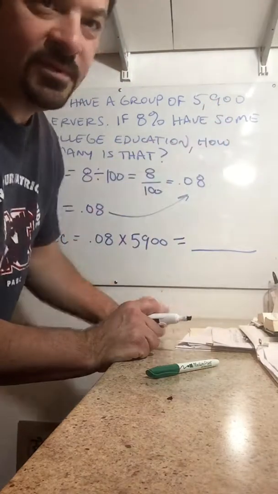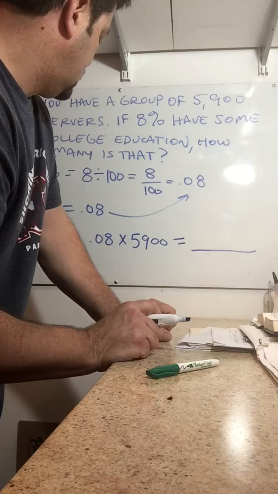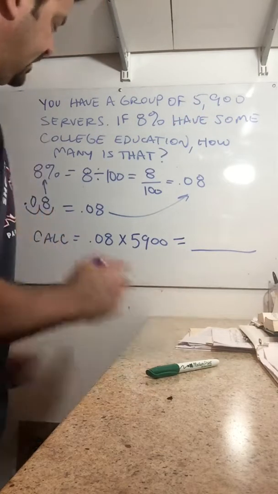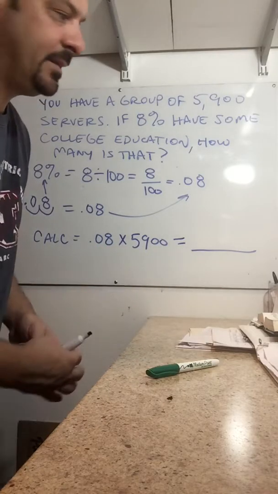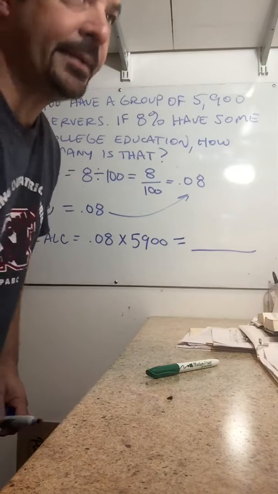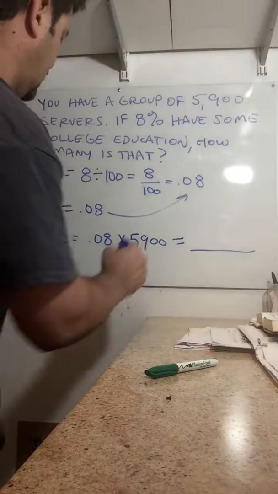Well, how many do we have? 5,900? Well, how many hundreds are in 5,900? The easiest thing to do is just fire it in my calculator. I don't have a calculator handy. It's on my phone, and my phone is busy taking this video.